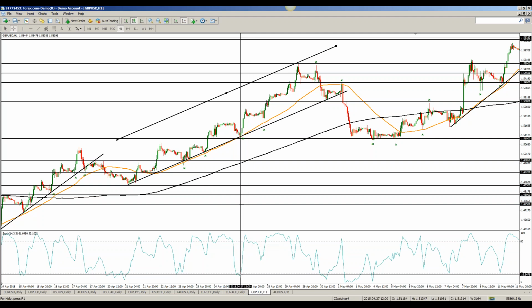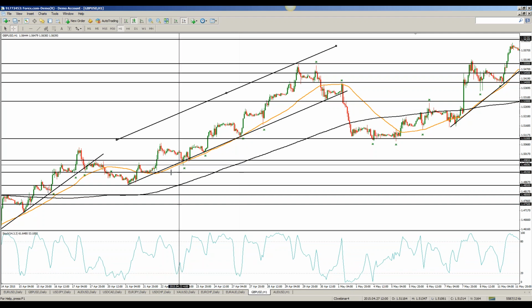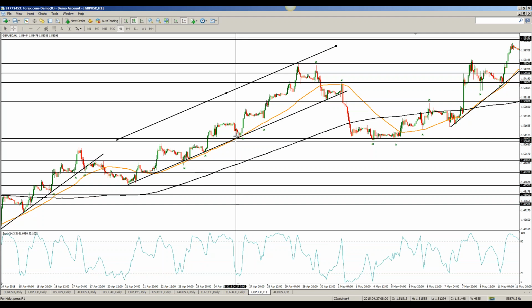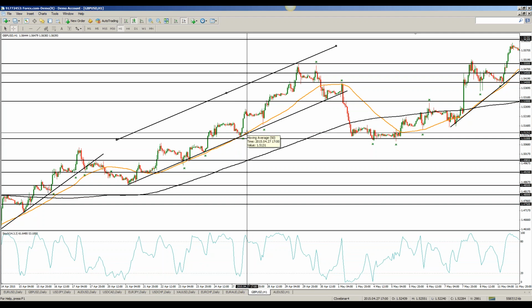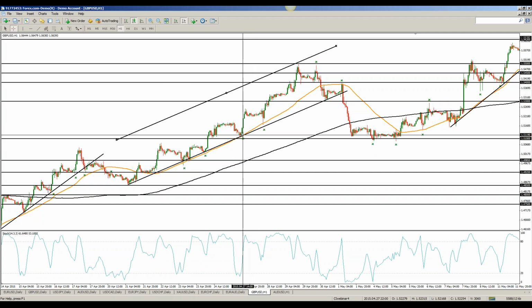Now, what is this telling you? It's crossing above oversold at the same time that it bounces off this trend line, at the same time that it bounces off this moving average, and therefore, to me, that technically looks like a good opportunity.